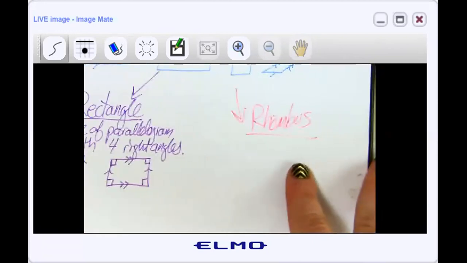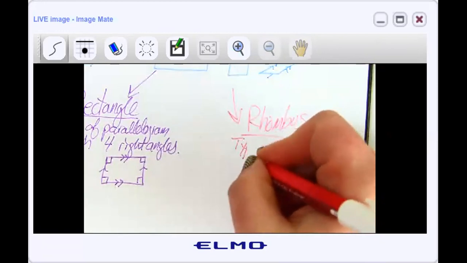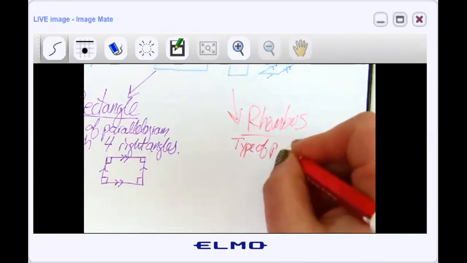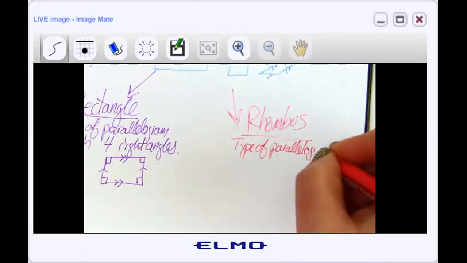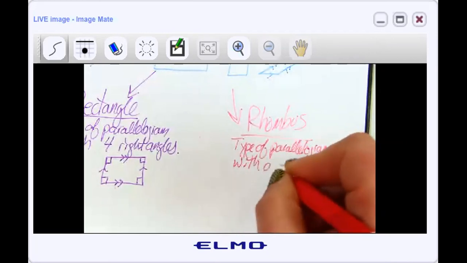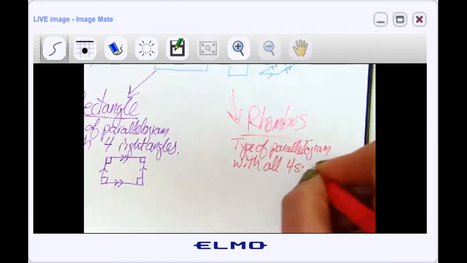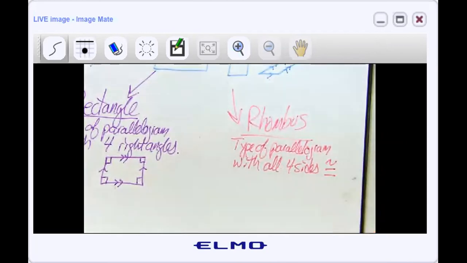Rhombus, I don't care about that. I just care that all 4 sides are the same. So a rhombus is a type of parallelogram with all 4 sides congruent. That's the big deal for a rhombus.